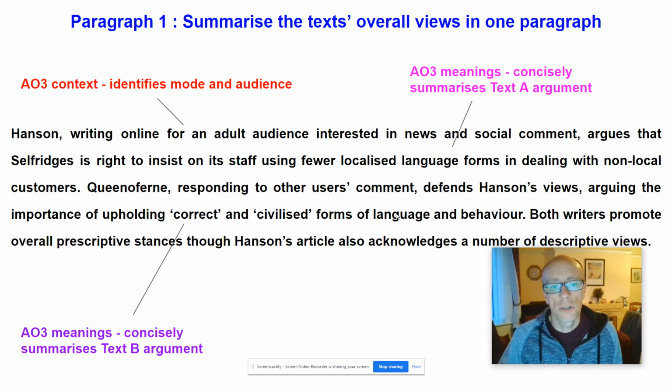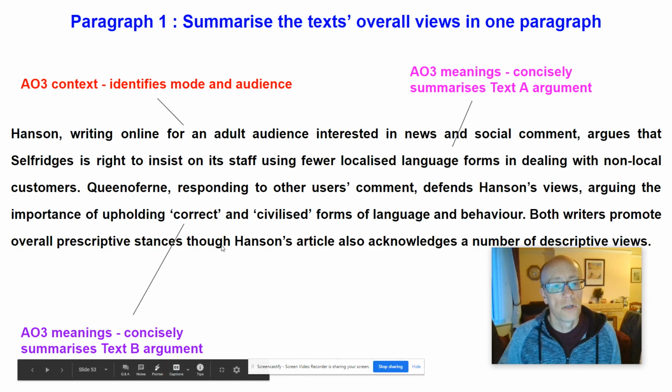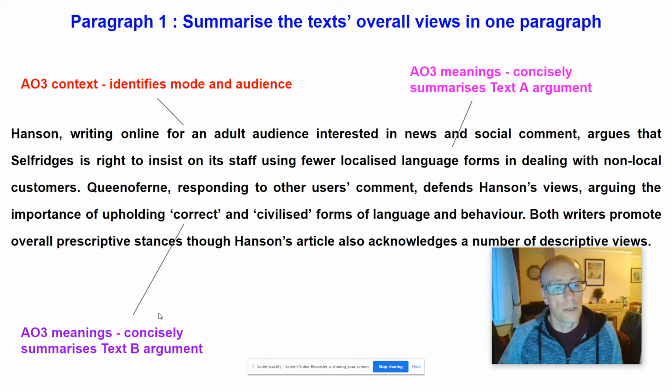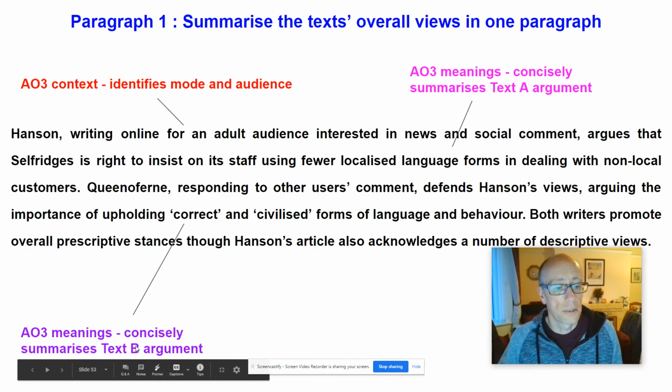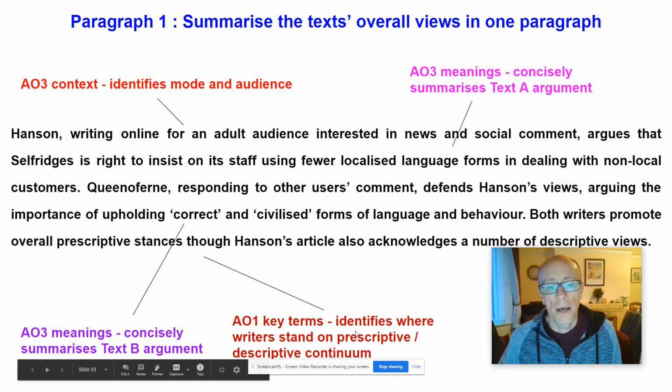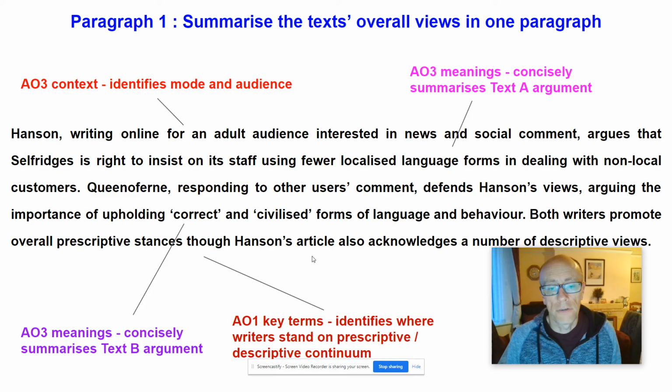You've then got comments about the second text in that first paragraph. Again, it summarises the text B argument. This bit here is summarising the argument. And in the very last sentence, it's identifying where the writer stands on this prescriptive, descriptive continuum.